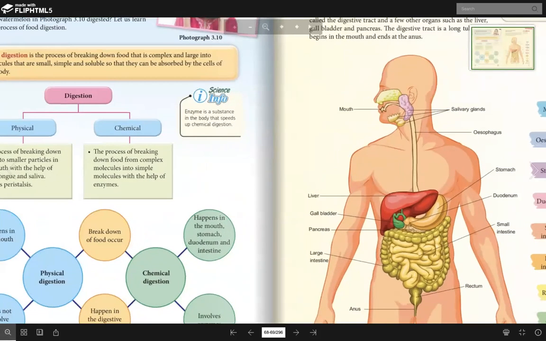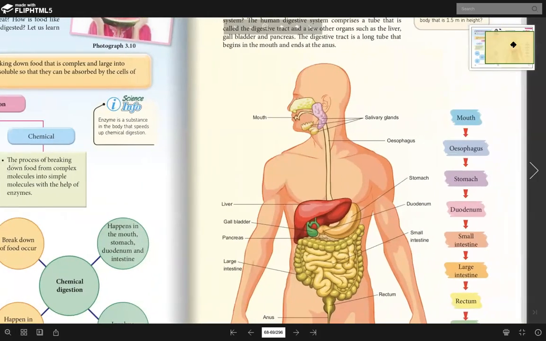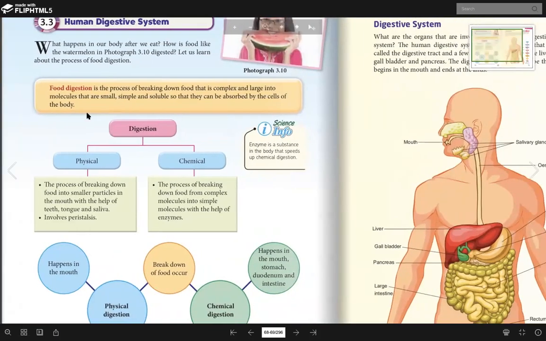Okay, let me focus on this. Guys, what is digestion? Food digestion is a process to break down the complex or large molecules into small and simple ones so that they can be absorbed by the cells in the body.